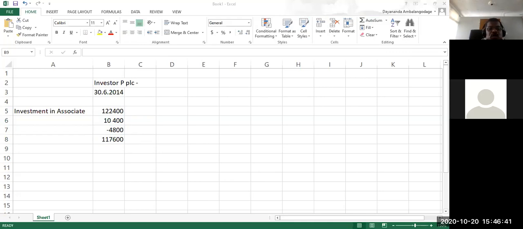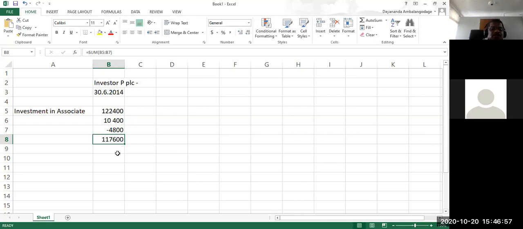Cost of investment 122,400, then plus 10,400 and minus 4,800. Okay, that is the investment in associate asset.